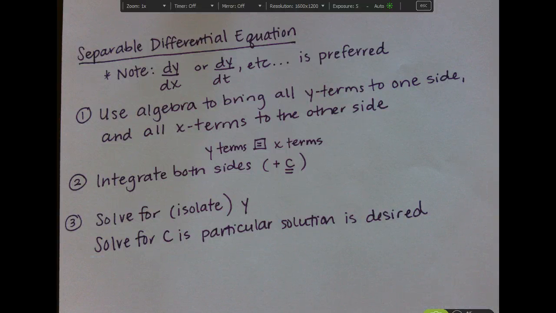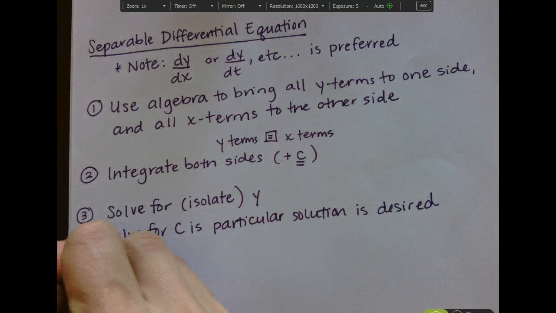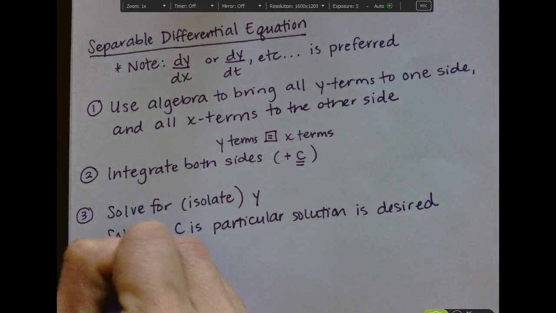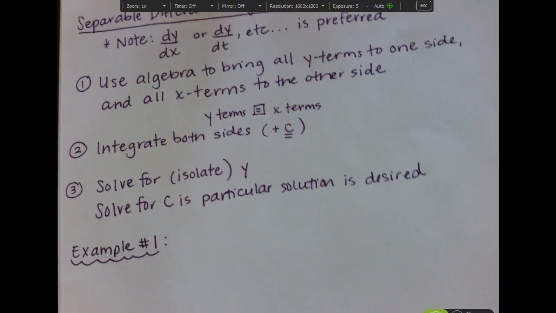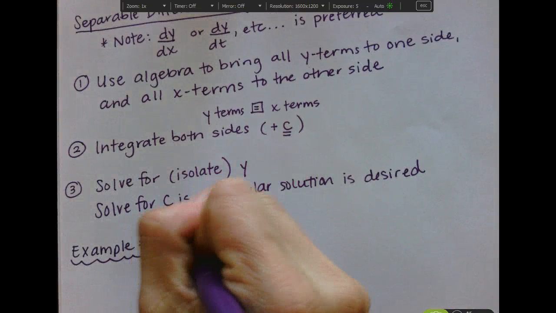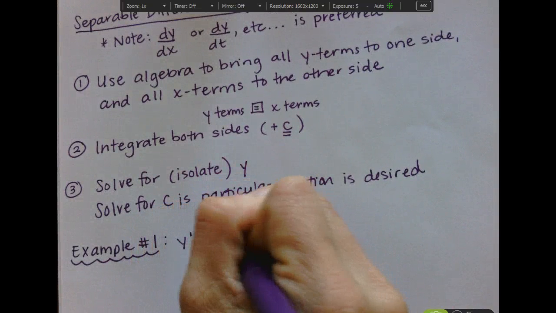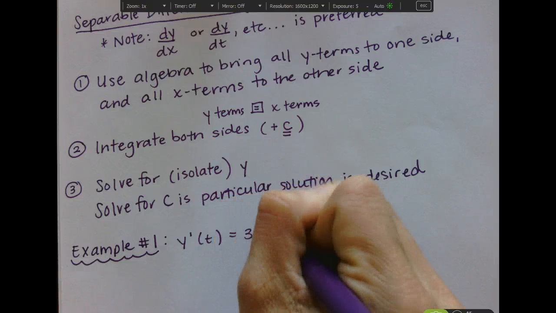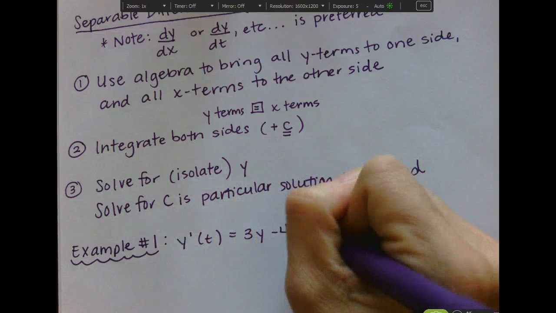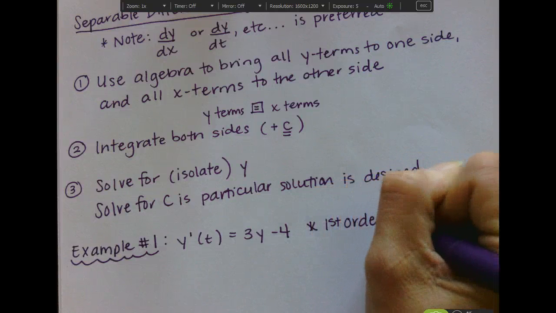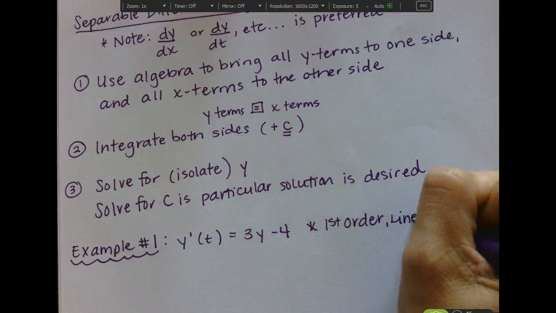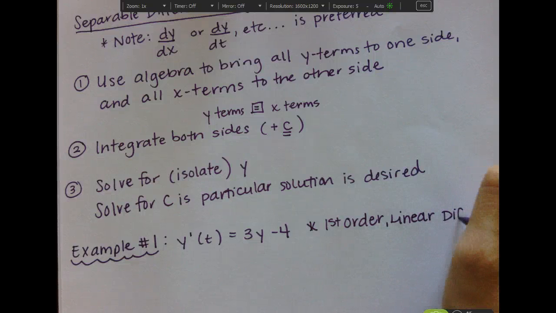So here's the example that we're going to work on. I'm going to give you a differential equation, and it's worth noting that this is a first order linear differential equation.